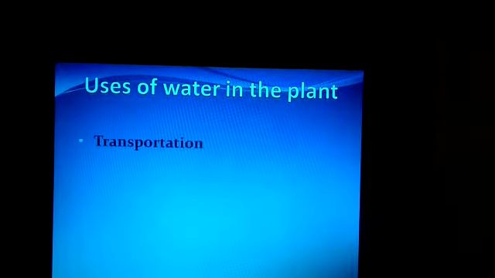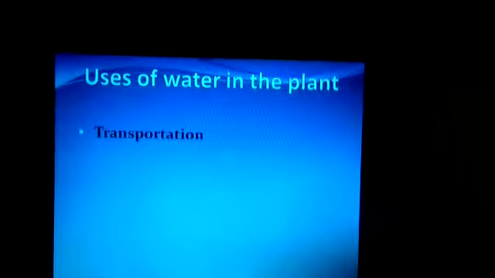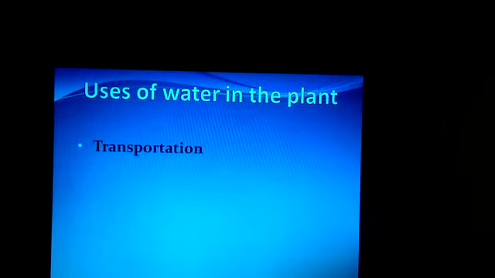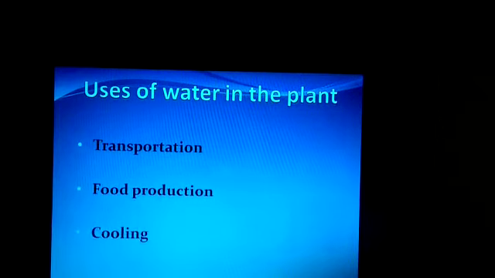Uses of water in the plant. Water is used up for the process of transportation, food production and cooling.